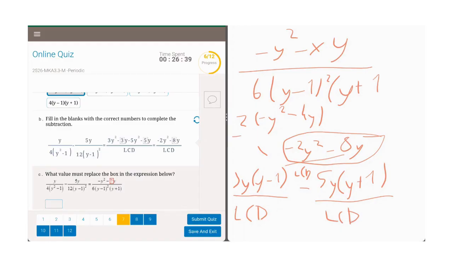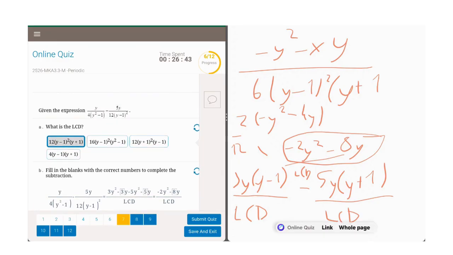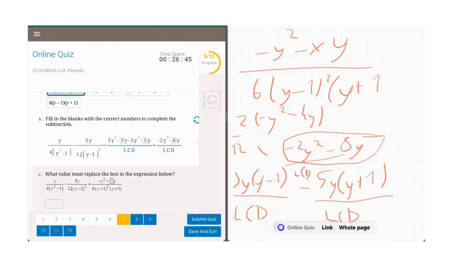And because the LCD has 12 as the constant, I can cancel this out and it'll become 1 and 6. So we're going to be left with negative y squared minus 4y over 6 times y minus 1 squared times y plus 1. So the x here will just be 4 because 8 over 2 is 4.